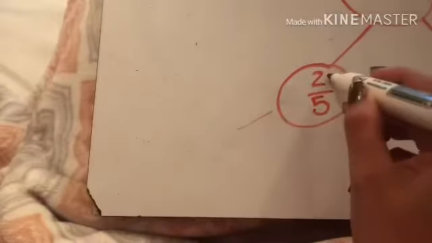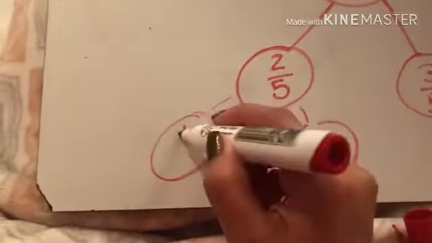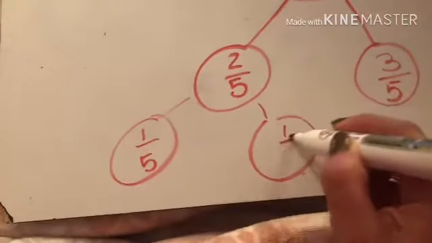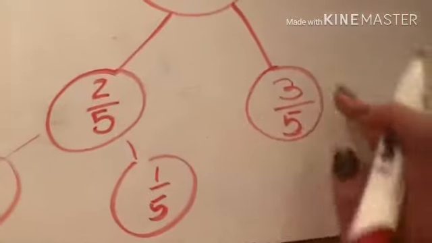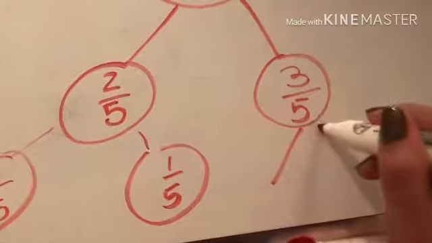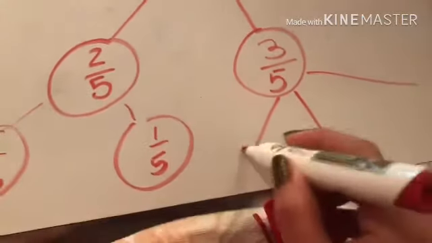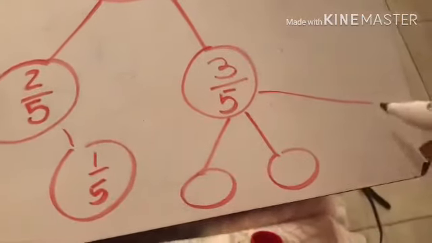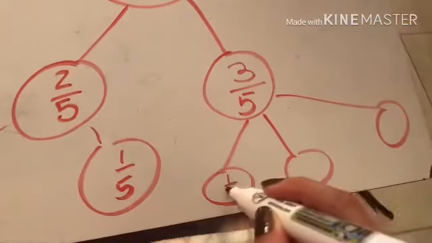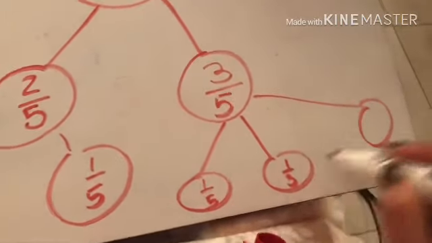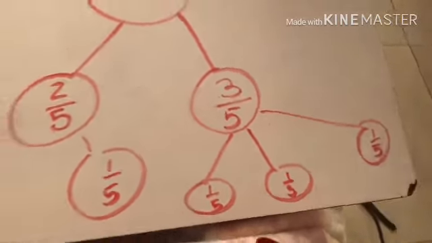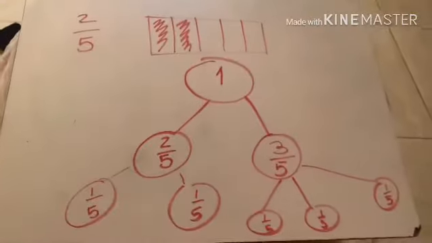So this one will be, if I have 2, I have 1 bubble and 2 bubbles, and each one of these is 1/5. And in this one I have 3. 1, 2, 3. 1/5, 1/5, and 1/5. This is how your homework is going to look like.